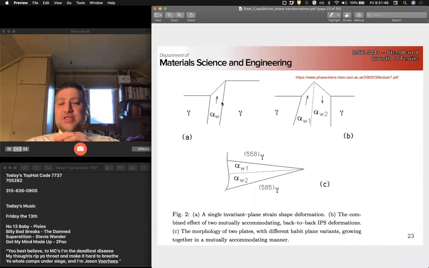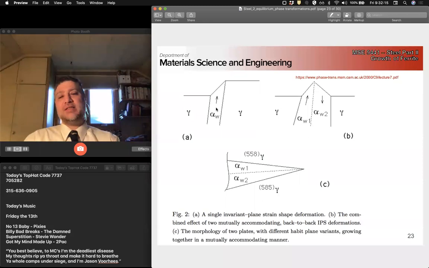There's no shear associated with those. There's just the volume strain, that volumetric change that you get from going from austenite to ferrite. But a lot of other structures, a lot of other phase transformations that we see in materials have a little bit of both. It's primarily diffusional, but we do have a macroscopic sort of displacement.